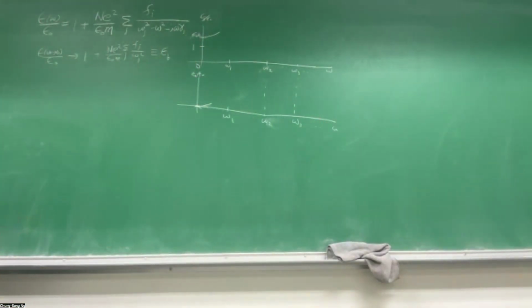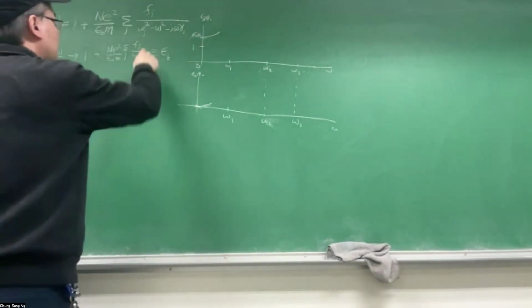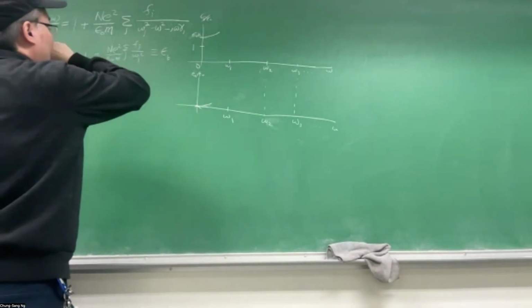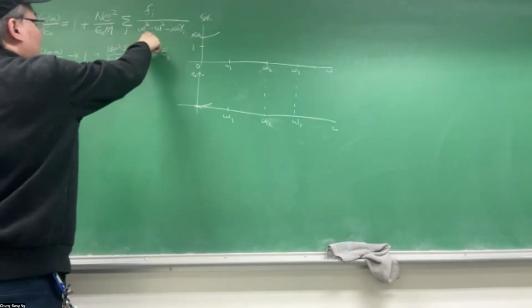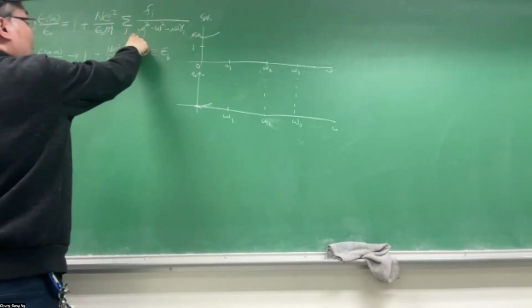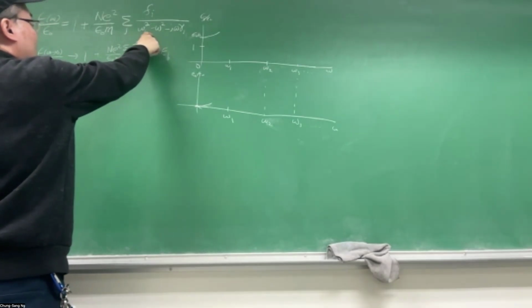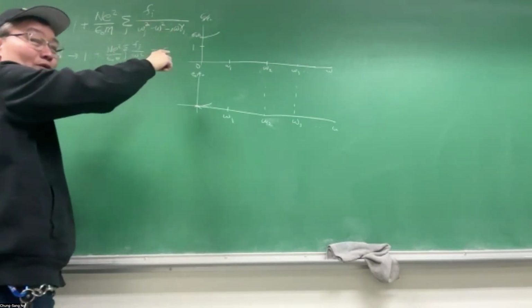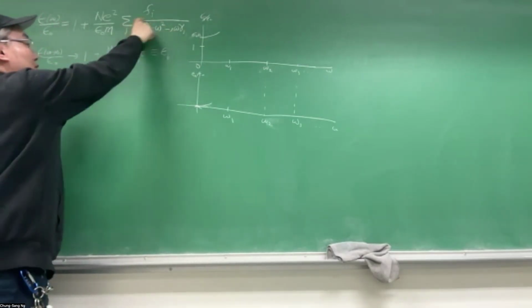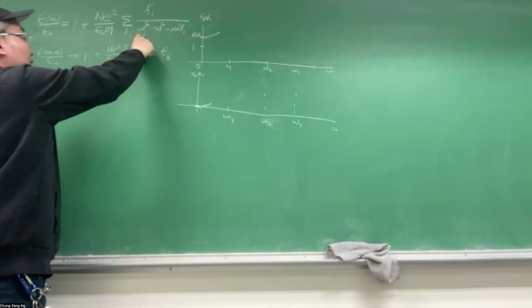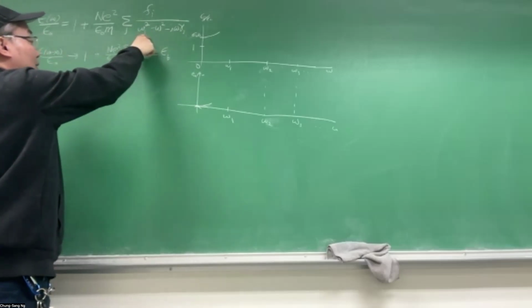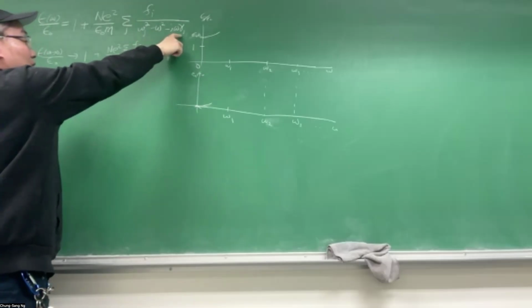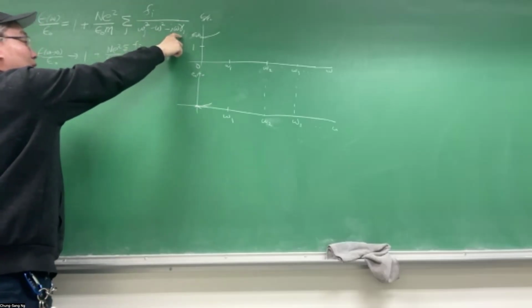Right. And what happens is that at exactly omega equals omega sub 1, the denominator becomes totally imaginary. Right? And it would also be the smallest one because we assume gamma is small.